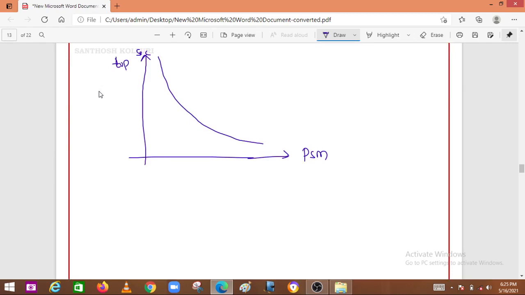So to change the operating time, you have to change the time multiplier setting. What do you mean by time multiplier setting? TMS. By adjusting the time multiplier setting value, the actual value of the operating time is adjusted.